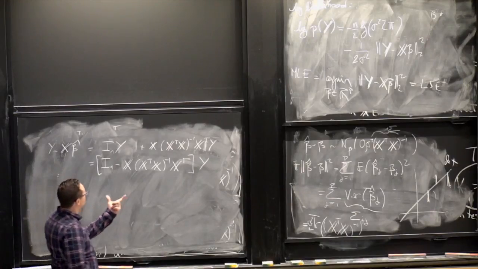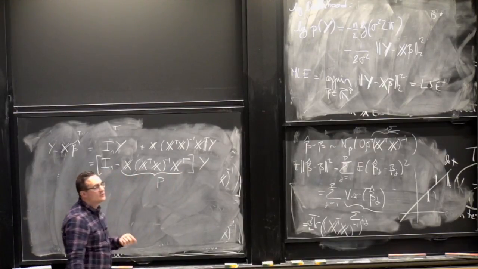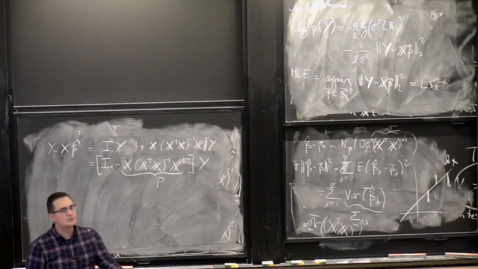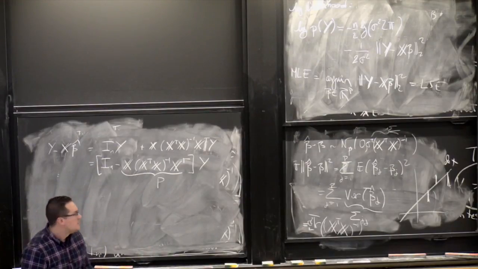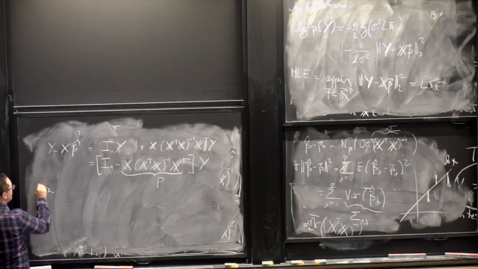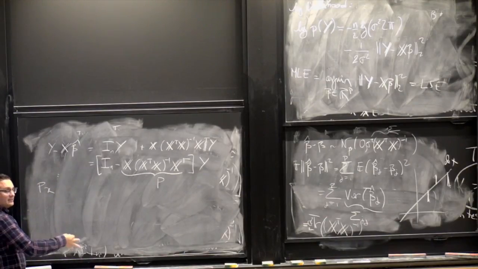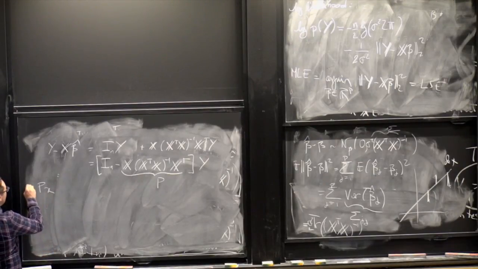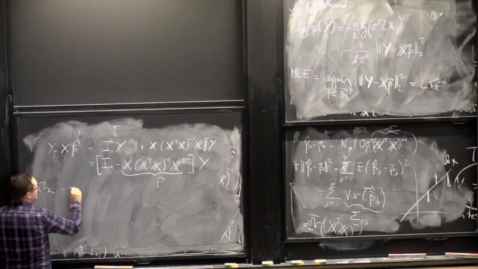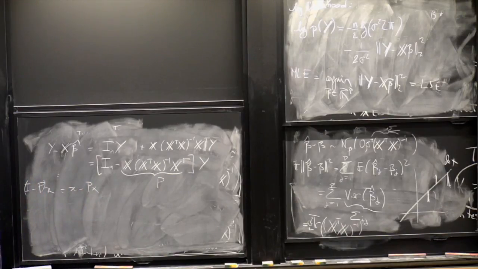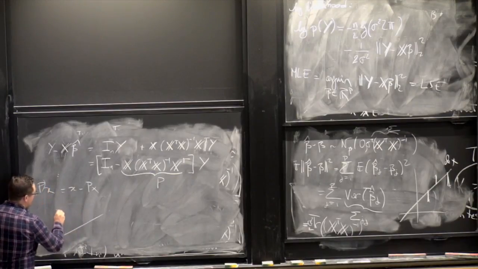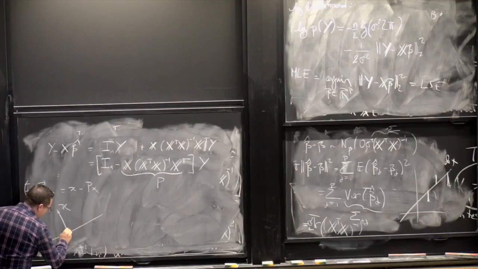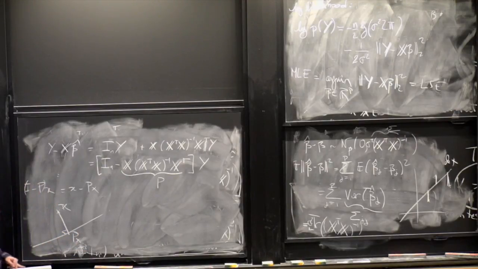We called this matrix P because this was the projection matrix onto the linear span of the X's. So if I take a point x and apply P times x, I'm projecting onto the linear span of the columns of X. What happens if I do (I minus P) times x? It's x minus Px. This is the point on which I project. This is x. I project orthogonally to get Px.